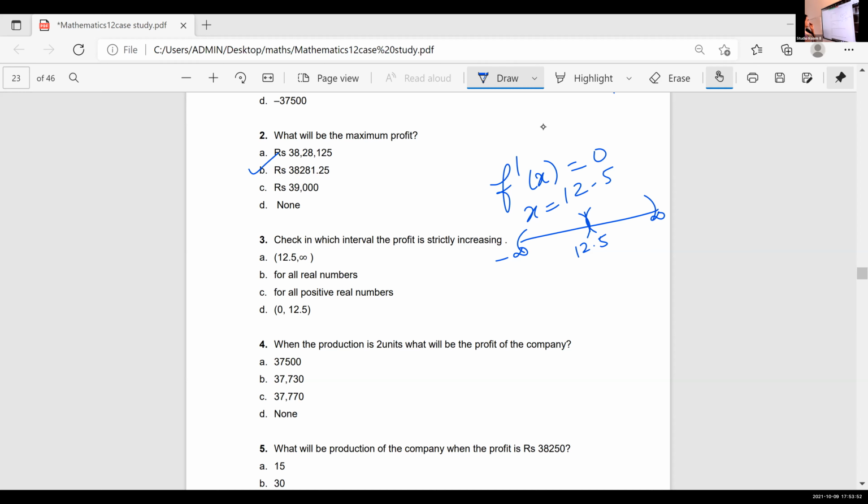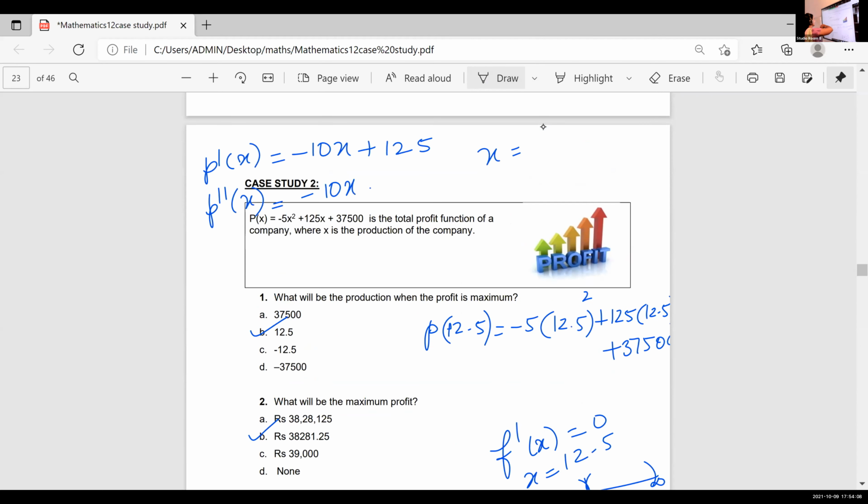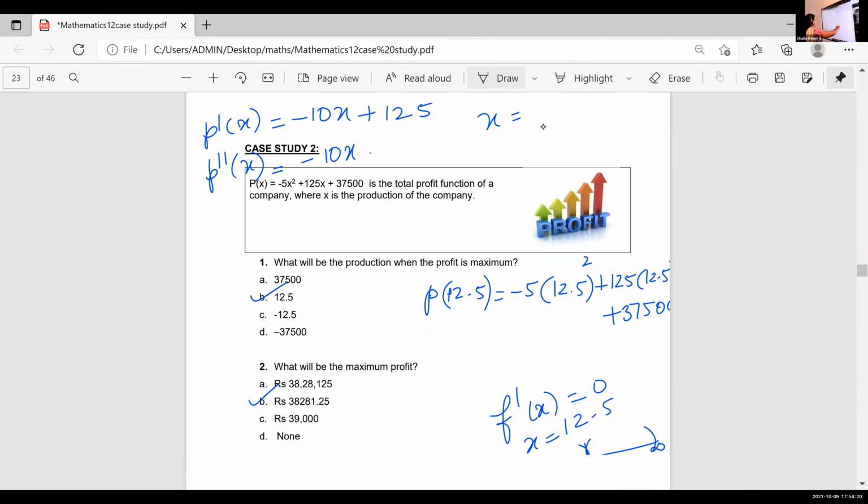So what is the answer for the third one, Atul? I got option D. Option D, 0 to 0. Is it f dash of x is 0? One more value is there, x value. Yes. You'll be getting x is 0. How? Tell me, Atul.